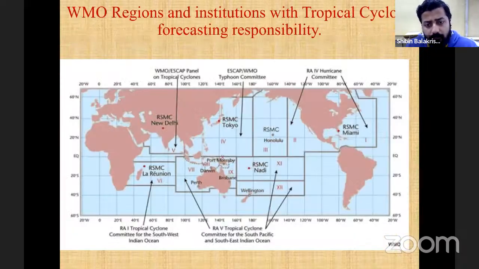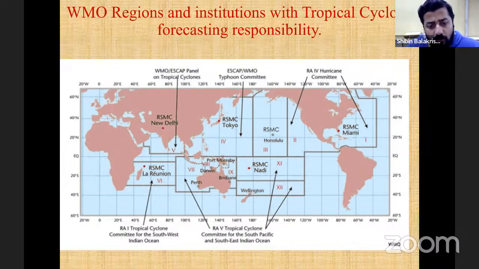Okay. So this is a figure again taken from the WMO report, where you can see the entire global region delineated into different sectors for tropical cyclone identification, or you can say detection and monitoring and issuing of related warnings.